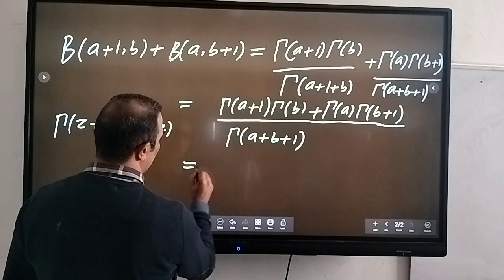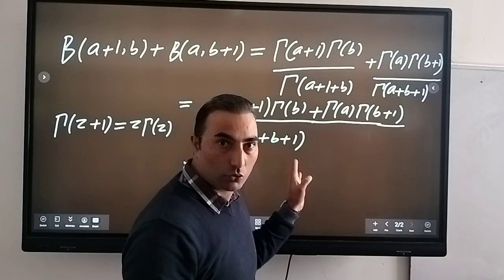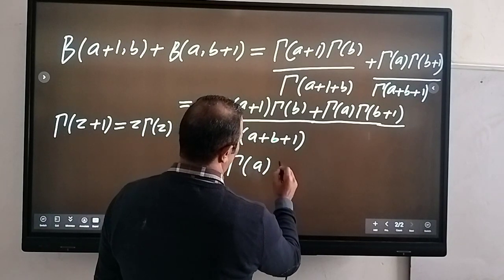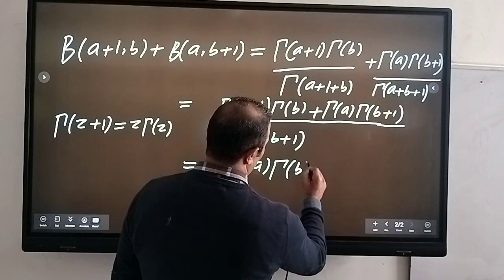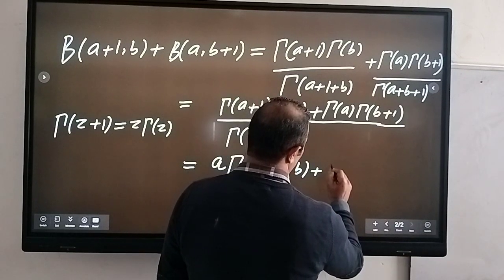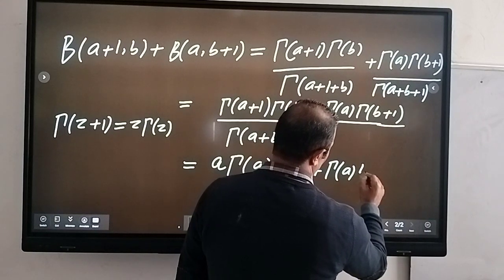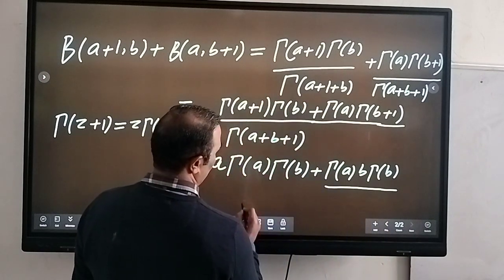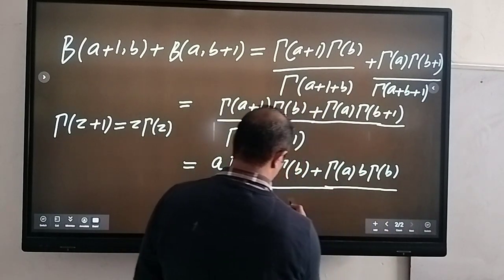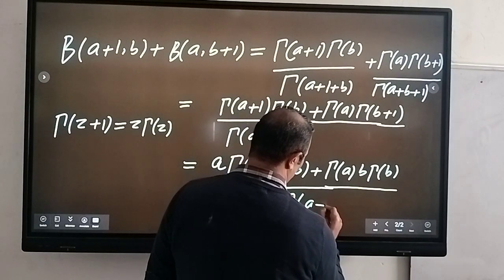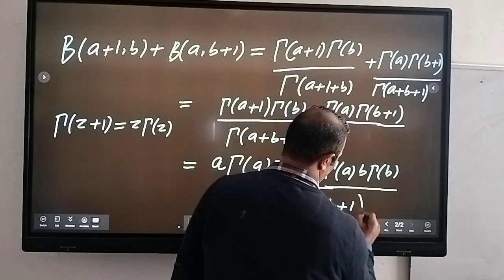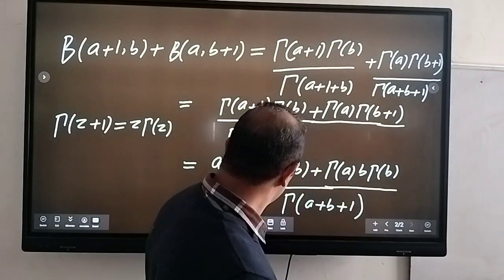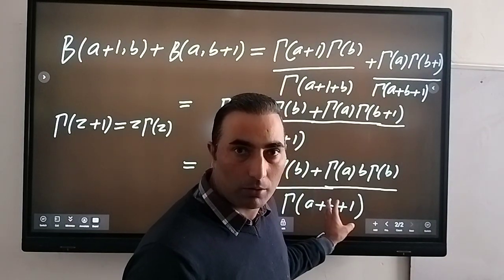So we can rewrite this as, instead of z we have a here, so it will be a gamma a, right? So this will be equal to a gamma of a. Now we can write that, because in the numerator we can take gamma a, gamma b common.